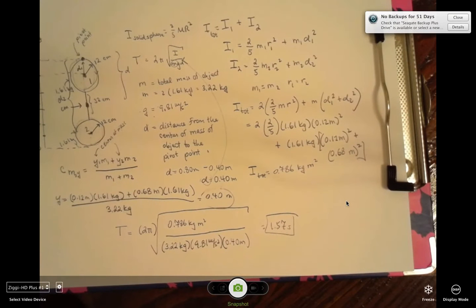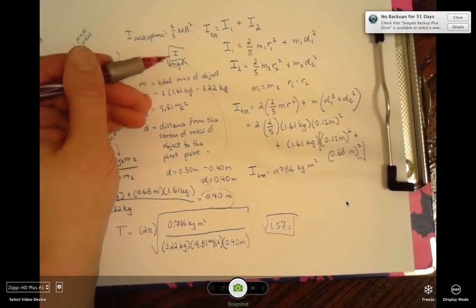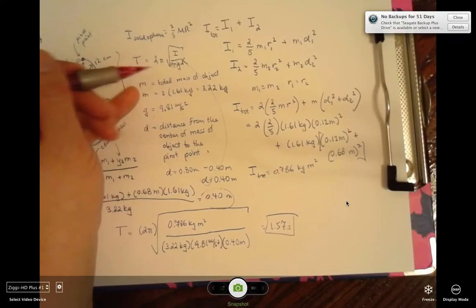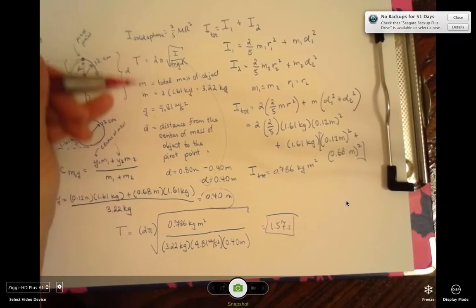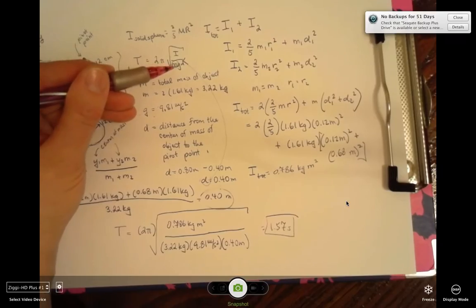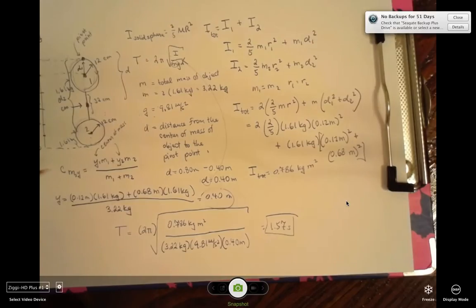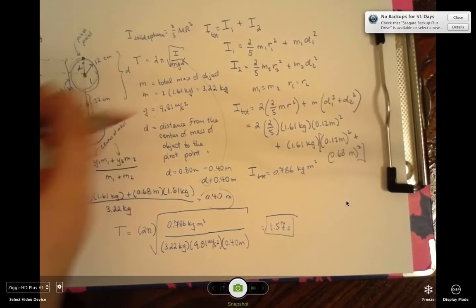Okay, so when you're doing these problems, the important thing to write down is this equation right here, but don't forget what each of these values are. So I'd say write down this equation and then tell yourself what each of these values are. This is the total mass. That's gravity wherever you are. This is the distance from the object's center of mass to the pivot point. So find that first.